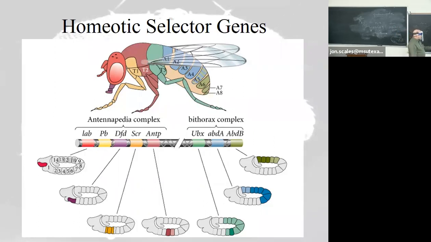The next gene is deformed, spelled like you would think, and it affects this region in the head. And the third gene is called sex combs reduced. Sex combs, like you comb your hair, reduced. On the front leg of fruit flies is a structure known as the sex comb.